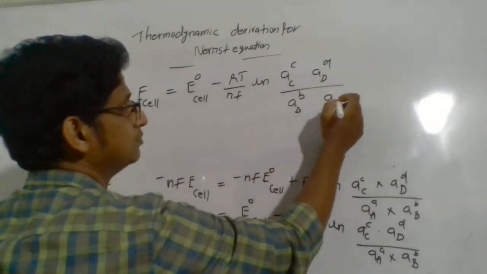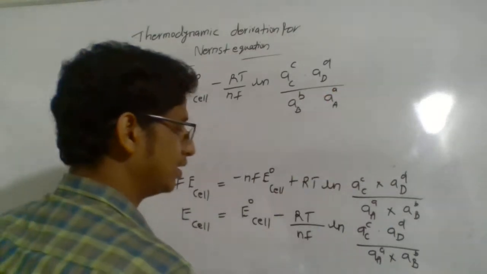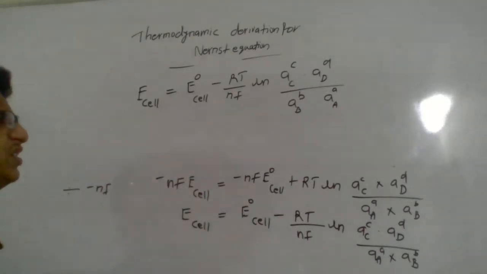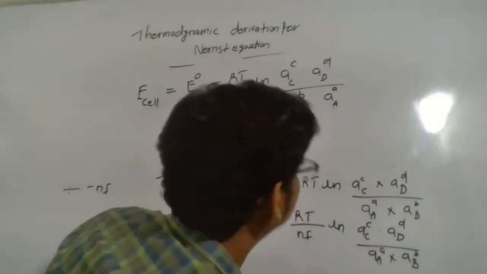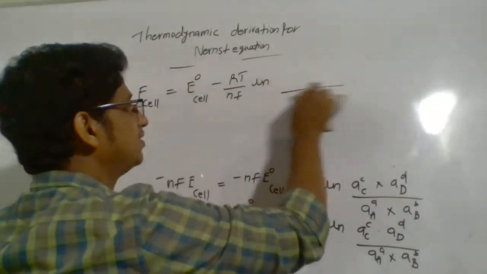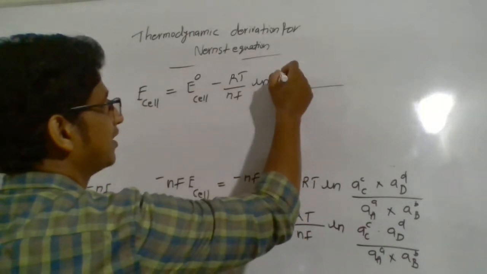That's the way you can represent the Nernst equation, using the concentration terms in square brackets, so you will be more familiar, right?